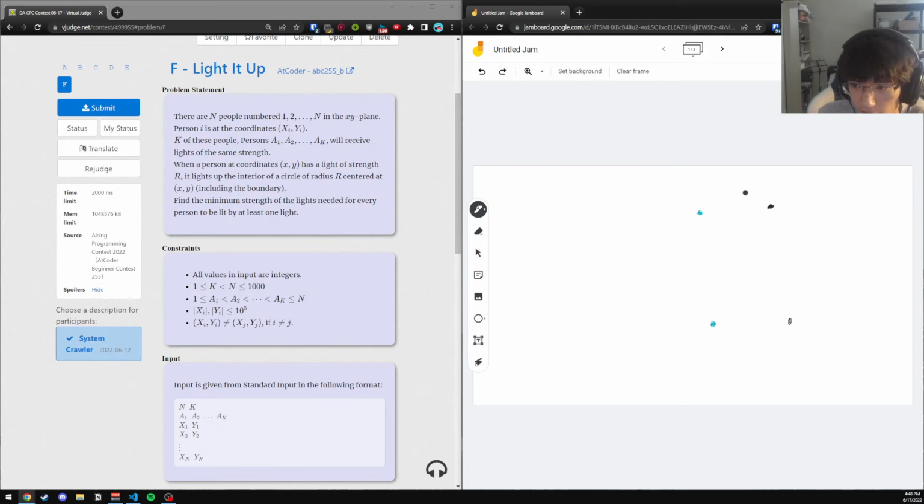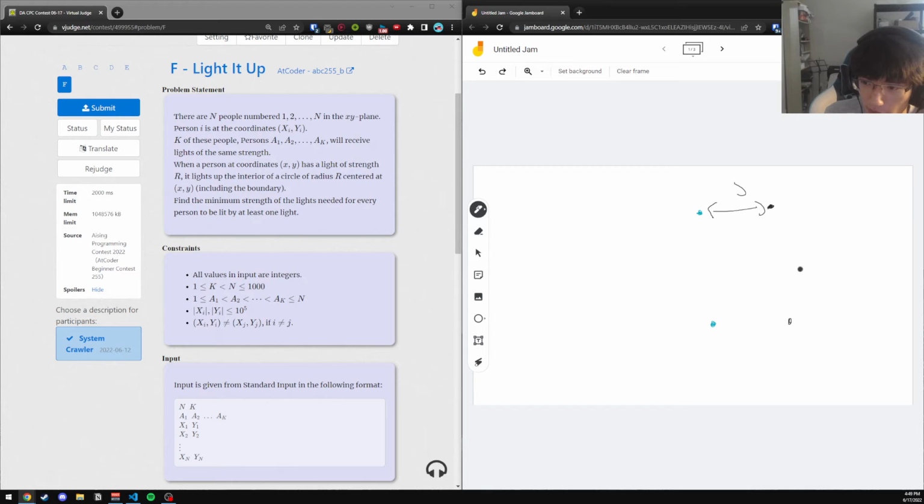Then let's say this distance is like 5 and this distance is like 6 or something. Then in the end, we need to find 6 because it's the minimum strength of lights needed for every person to be lit. Even if this is like 10, if it's at least 6, then we know everyone's going to be lit up by the light. So we just need to iterate across.